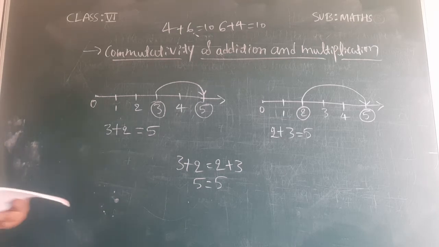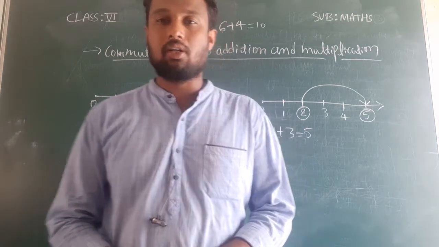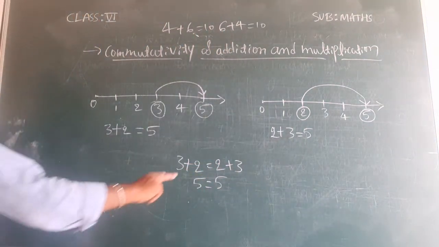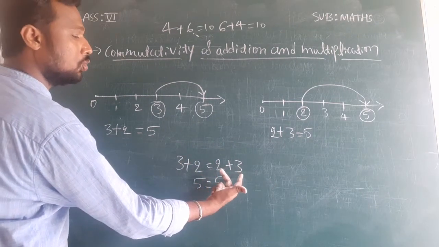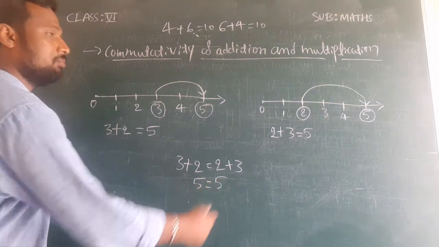Therefore, what they have given here is: you can add two whole numbers in any order. First we wrote 3 plus 2, then 2 plus 3, and we are still getting the same answer.